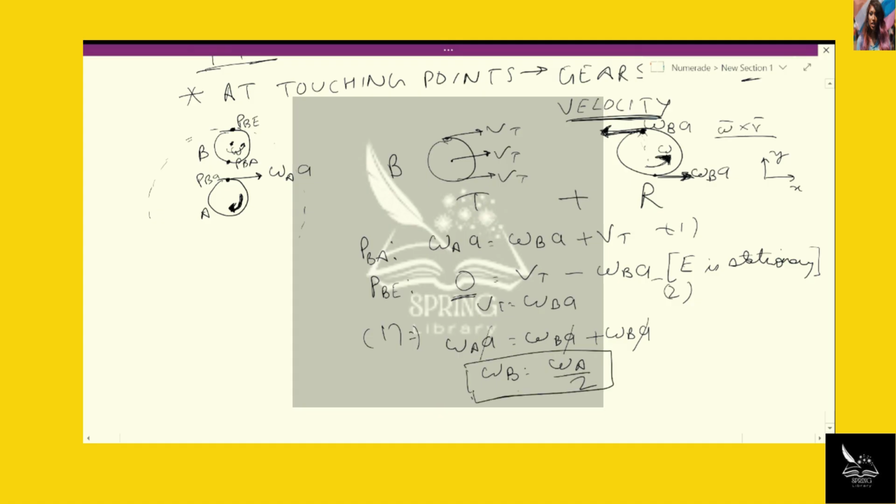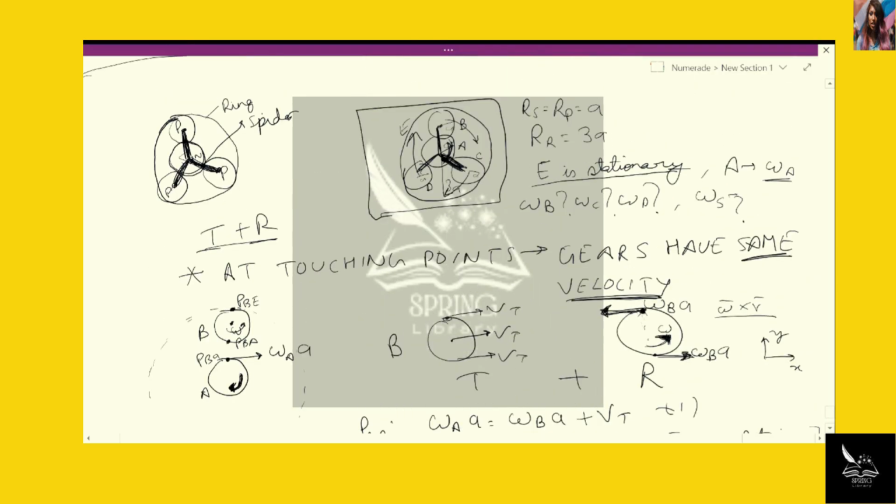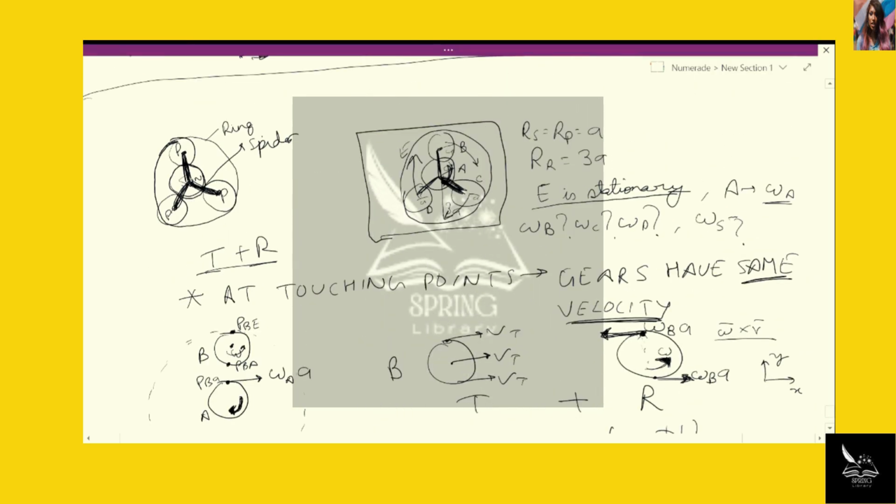Now, if we look at our problem, all the planetary gears B, C, and D are in symmetric position at 120 degrees. For example, if I rotate this diagram by 120 degrees, D will become B, B will become C, and C will become D. So you can't tell which gear is which in this perfectly symmetric condition.